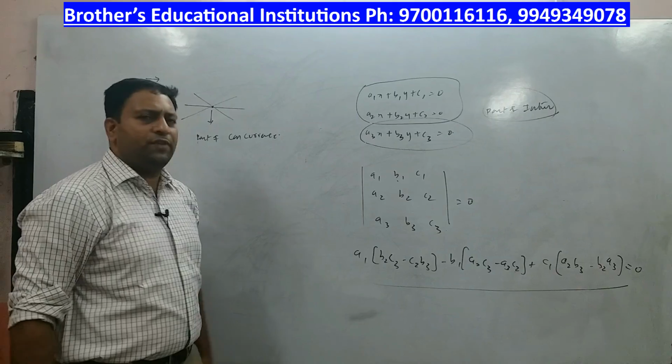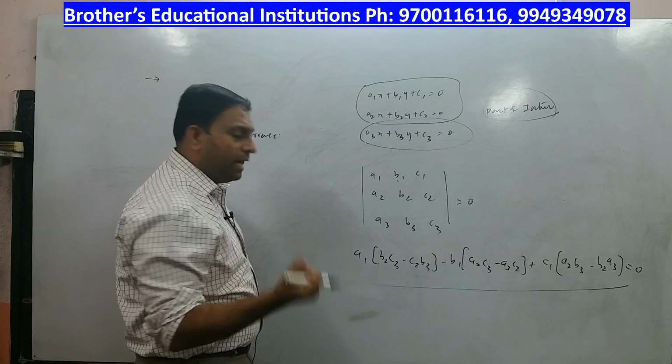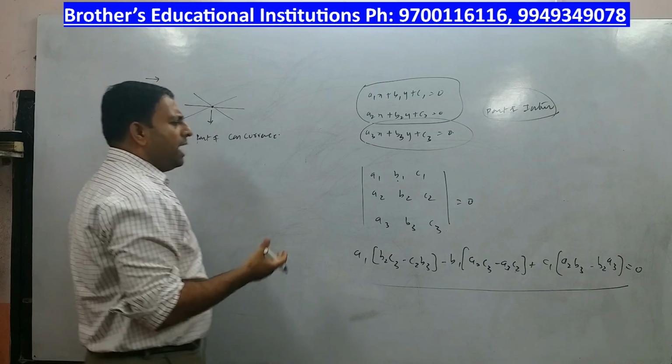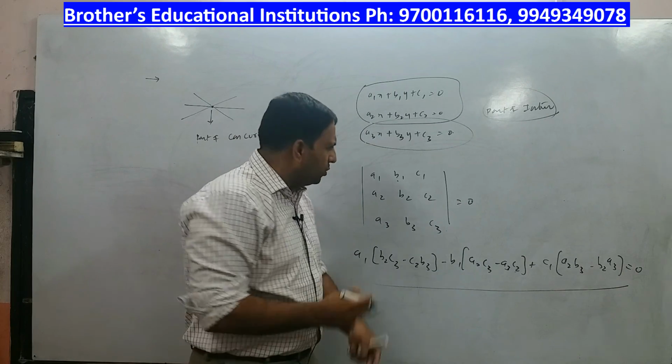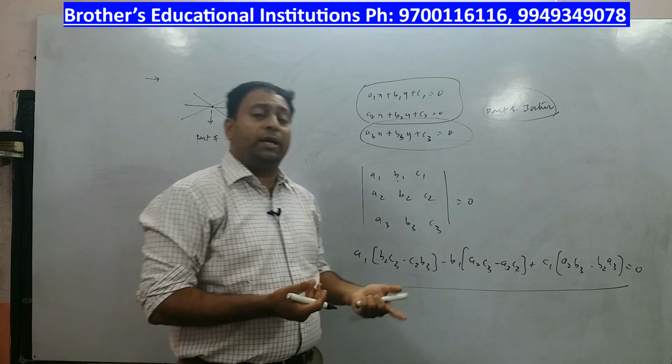So if this condition is satisfied, you can say that the given lines are concurrent. And to find the point of concurrence, you can solve any two lines, and what you get is the point of concurrence.